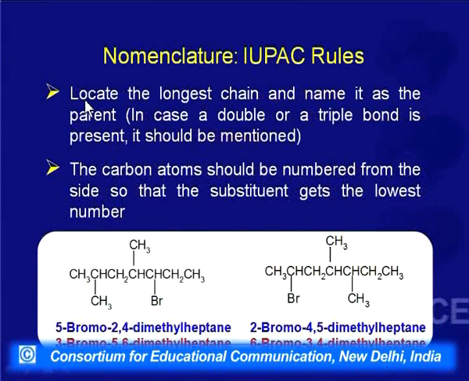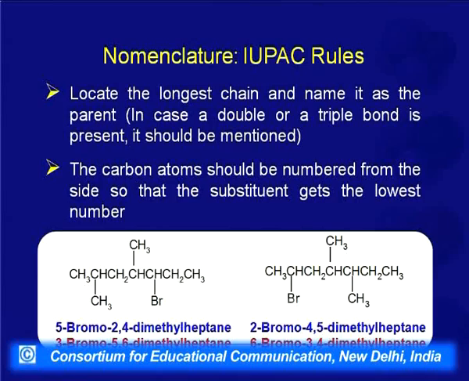So, the first rule says the first thing one should do is locate the longest chain and name it as the parent. The moment a molecule comes in front of you, you have to locate the longest chain. In case of a double or a triple bond, the bond should be mentioned.